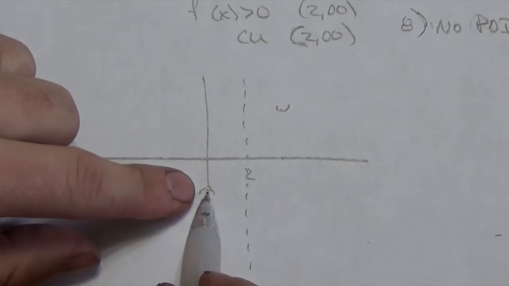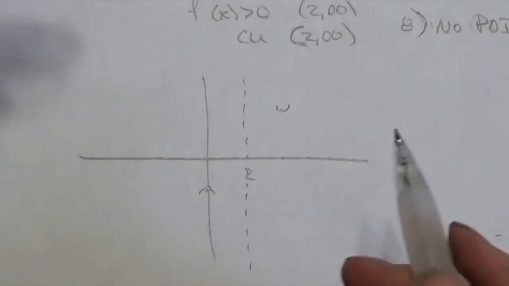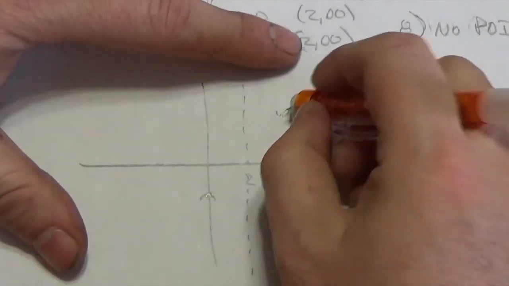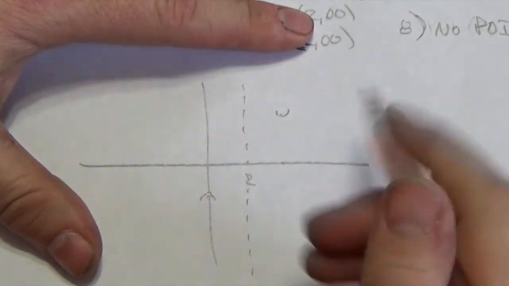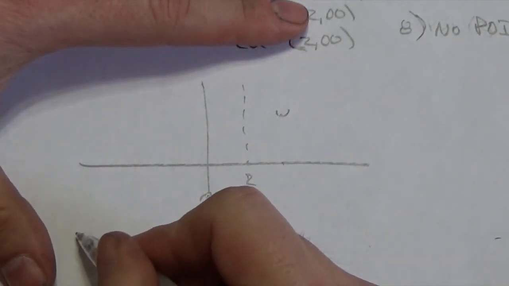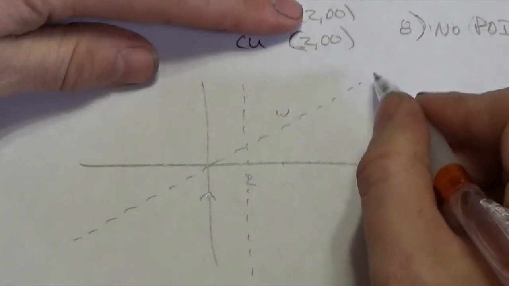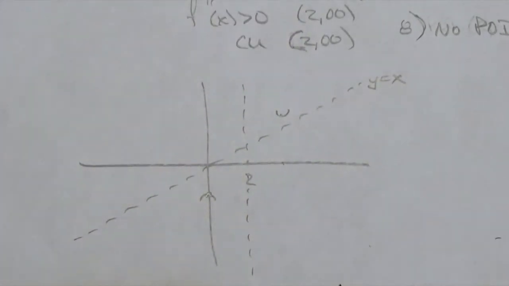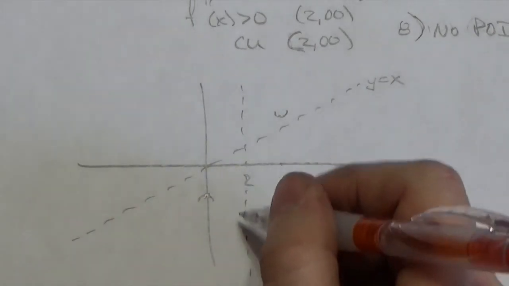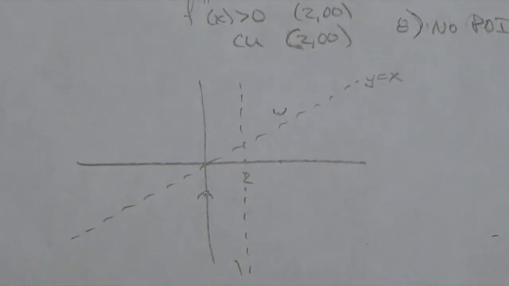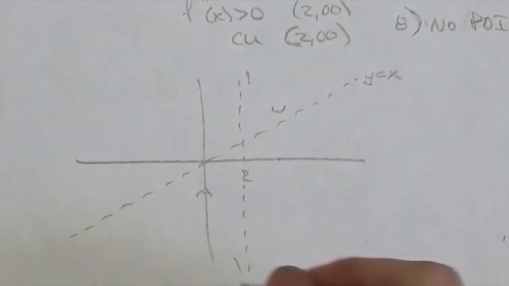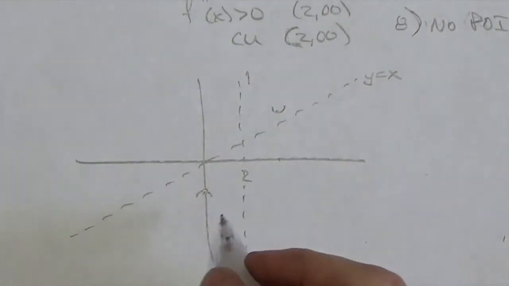Now, it's interesting that the maximum is less than the minimum. But that's because, sorry, my graph isn't going to do me justice here. I also had this slant asymptote here, y equals x. I know that it approached x equals 2 this way and this way.